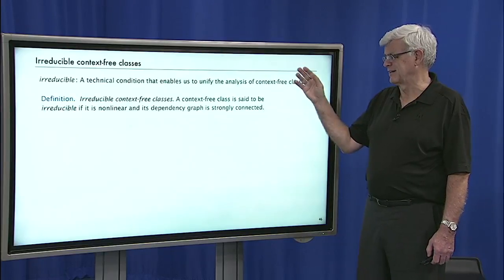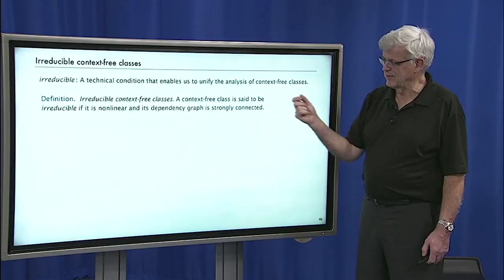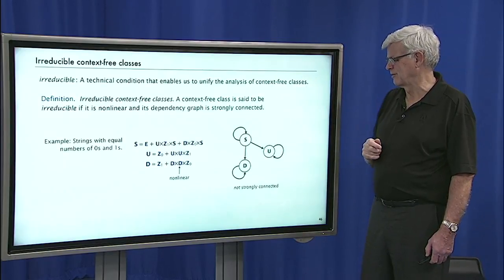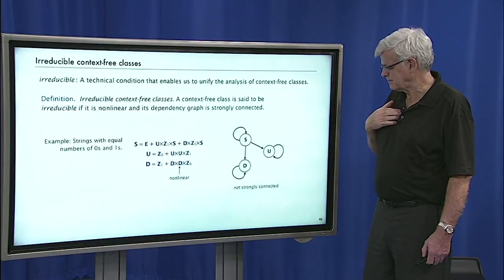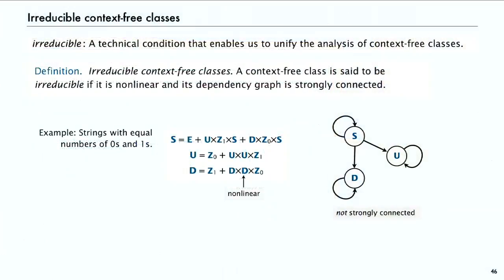All it says is that the dependency graph is strongly connected. Well, it's nonlinear: there have to be things multiplied together, and its dependency graph is strongly connected. That just means that for every production in the grammar, we draw an arrow to anything that's used on the right-hand side.